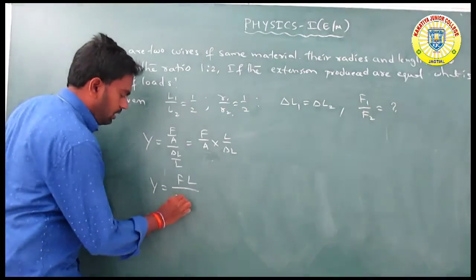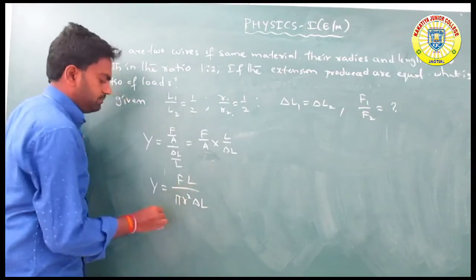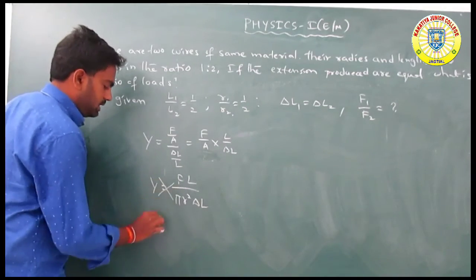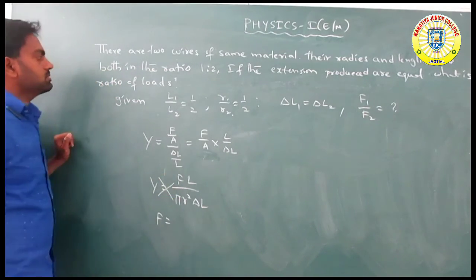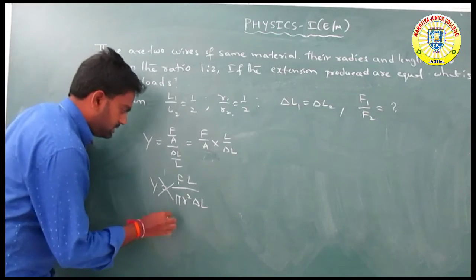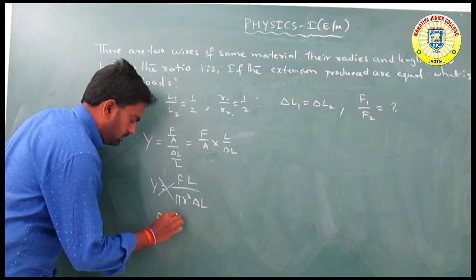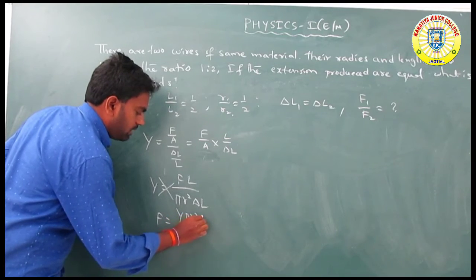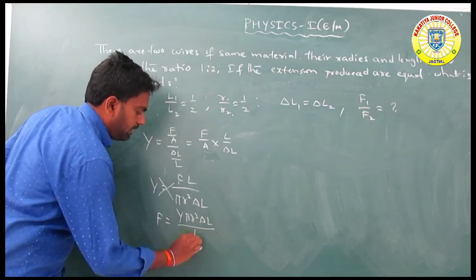Now cross multiplying, we get F is equal to Y pi r square delta L by L.